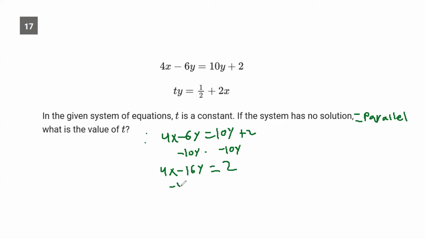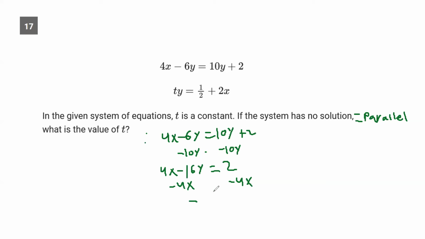Then I'm going to subtract 4x and subtract 4x. So I get negative, you know what, this one is not a beautiful one. Looks like a 3 for some reason. Okay, there, with authority.